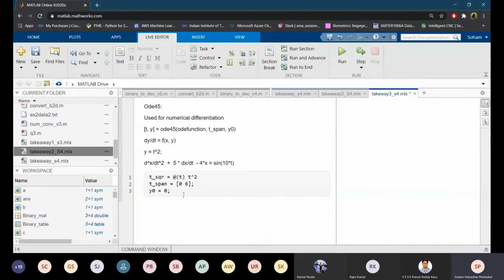When it's applied to this, it will automatically recognize that the initial condition is 0 on y, the dependent variable. Okay, so let's write this.